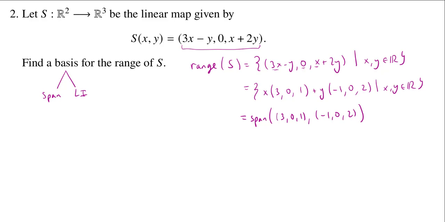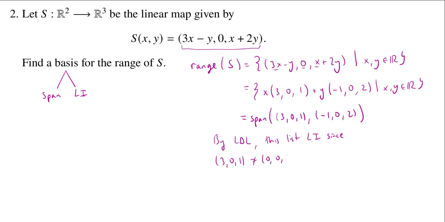Now, by the linear dependence lemma, so by LDL, in order for a list of size 2 to be linearly independent, I just have to make sure two things. Number one, the first vector isn't 0. So by LDL, this list is linearly independent since, first, 3, 0, 1 is not the 0 vector, 0, 0, 0.